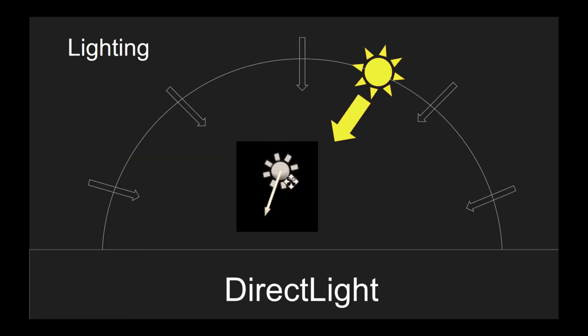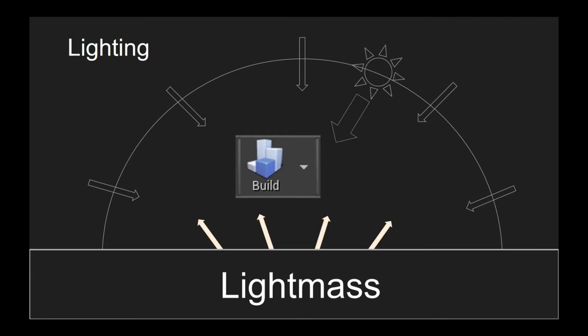But the direct light, for those who don't know, is going to be the sunlight, and we've got some examples working with that. And the Lightmass, where we have the dreaded build button and the build times that go through the roof. We'll try and see a few tips on how we can deal with that. Basically this is the global illumination, the GI, the light bouncing around that Unreal calculates for us.